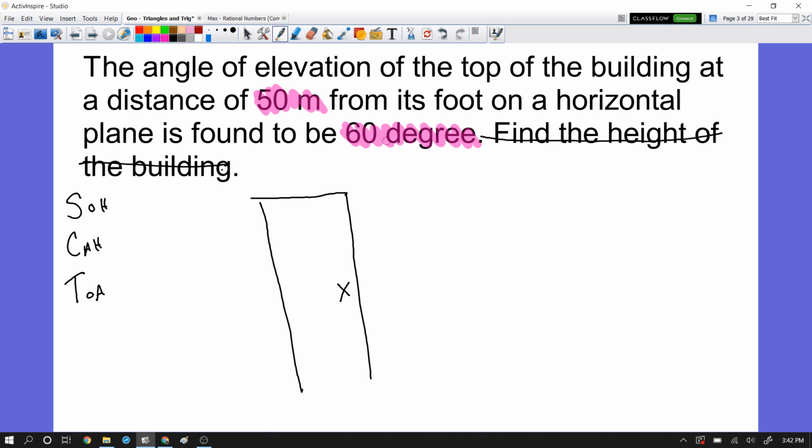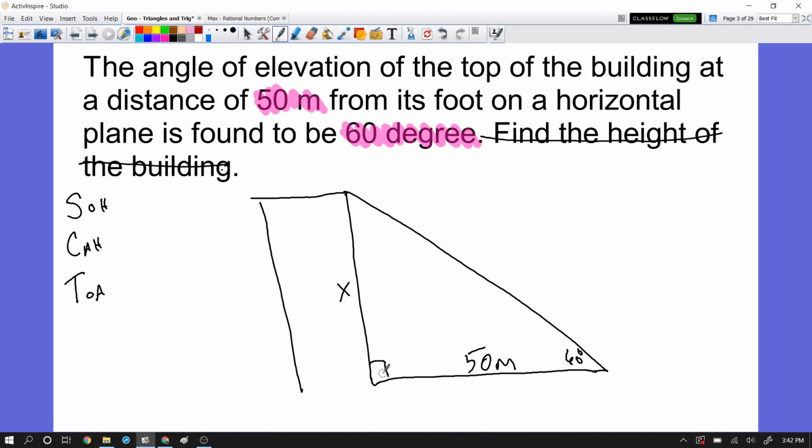The angle is found to be 60 degrees, 50 meters from its foot on a horizontal plane. Horizontal plane, 50 meters away. And it's to be found at a 60-degree angle. Okay? So that means our right angle is right here.